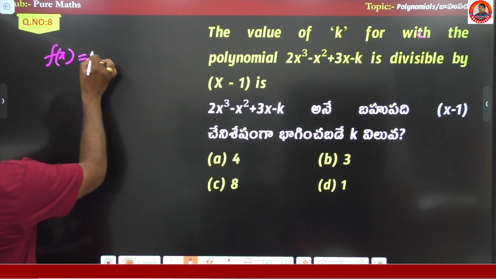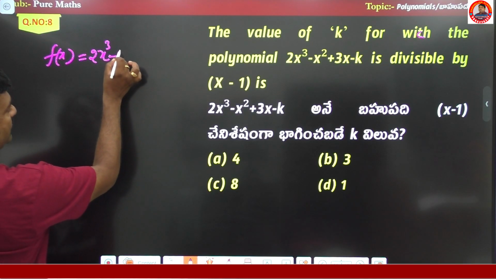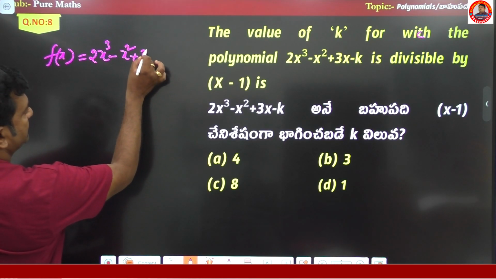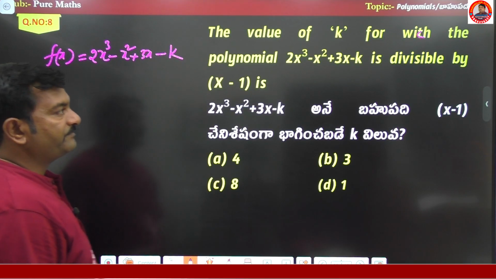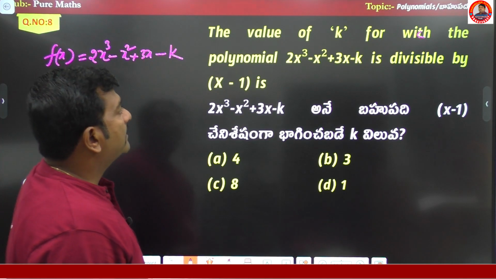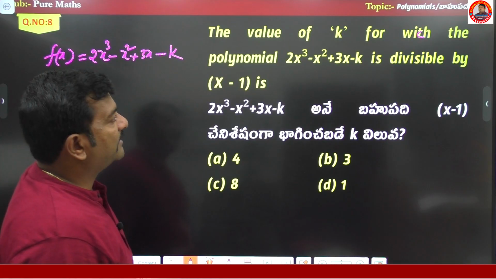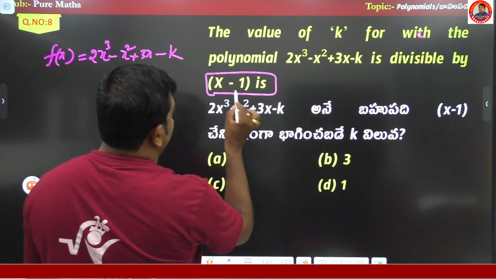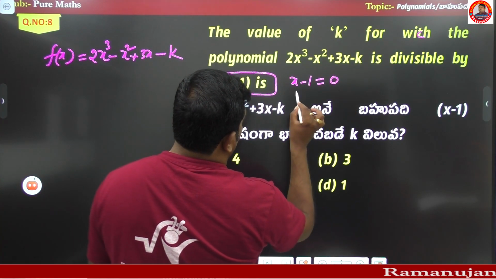You can take 2x cube minus x square plus 3x minus k, and according to remainder theorem, this is one of the examples of remainder theorem. It is divisible by x minus 1, means x minus 1 is equal to 0.